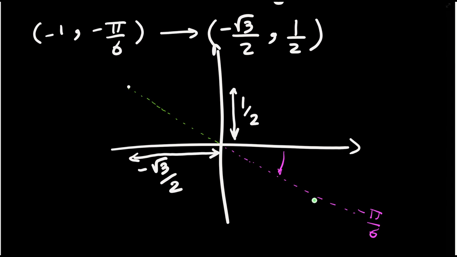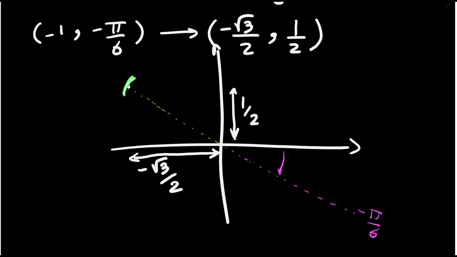If the point was in the fourth quadrant, then the polar coordinate would be negative pi over 6 and positive 1. But right now the angle is negative pi over 6, so we are on this ray, but instead of positive r, we choose negative r, and negative r is in this direction.